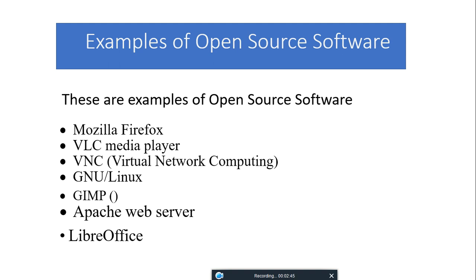GNU Linux. 5. GIMP. 6. Apache Web Server. 7. LibreOffice. So these are examples of open source software.